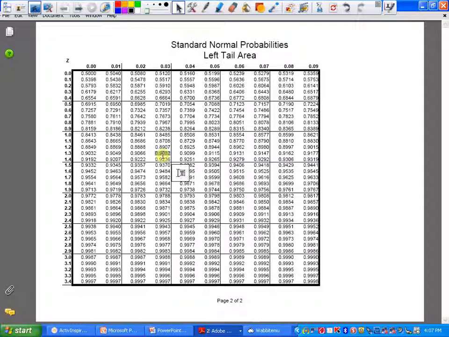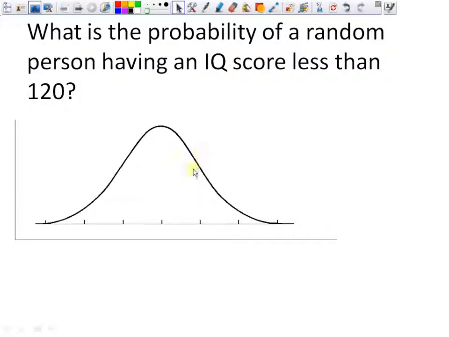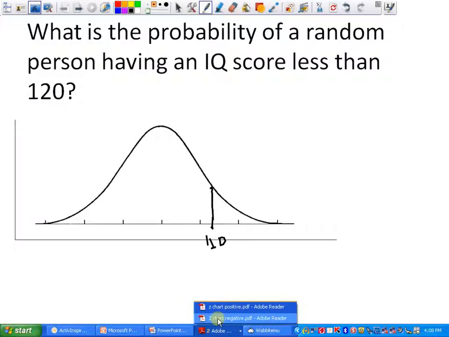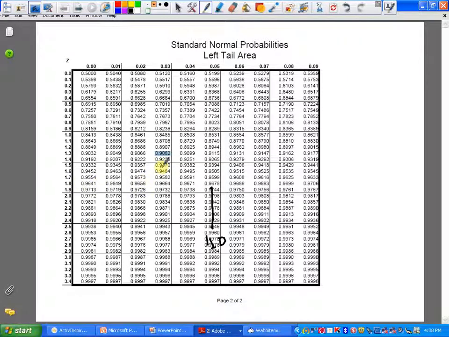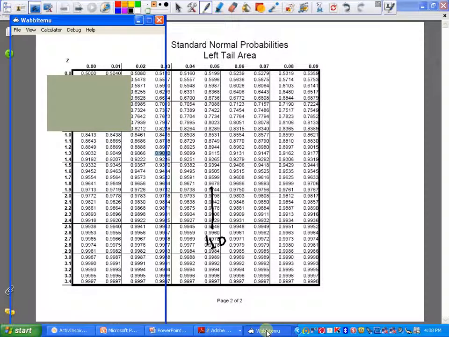We don't have to subtract from 1. 120 was here, and that value gave us the probability to the left, which is 0.9082.